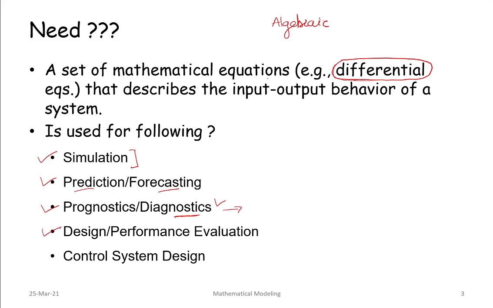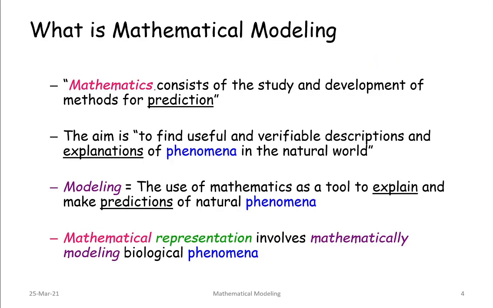Then you may also want to design new things. For that purpose you can also use mathematical modeling, and also control system design in many places. Mathematical modeling is nothing but the study and development of methods for prediction. This is one definition.